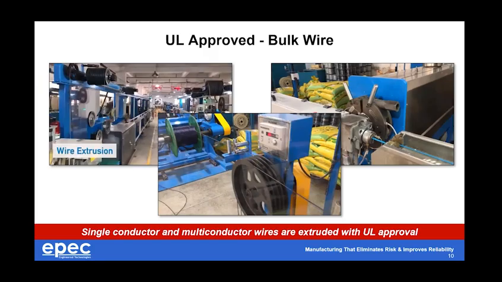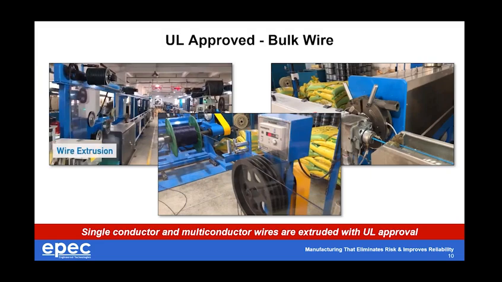Depending on the gauge, different amounts of copper are drawn together to give you the exact electrical characteristics and requirements for the given gauge. Once that center conductor is formed, it's drawn through our extrusion machine where the melted thermoplastic envelops the center conductor, forming a single conductor wire.